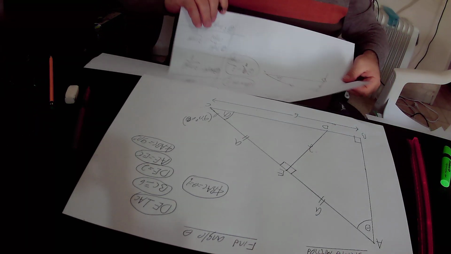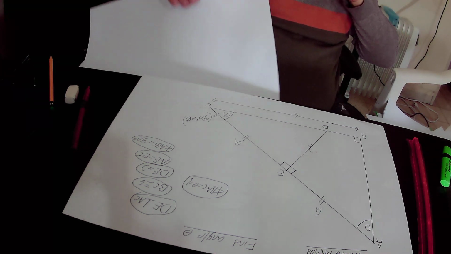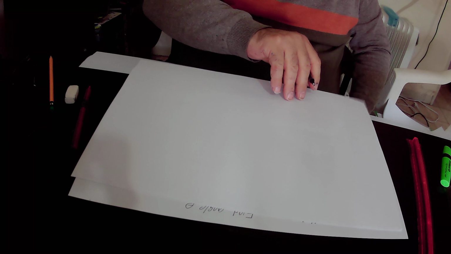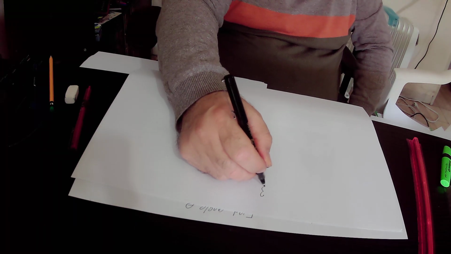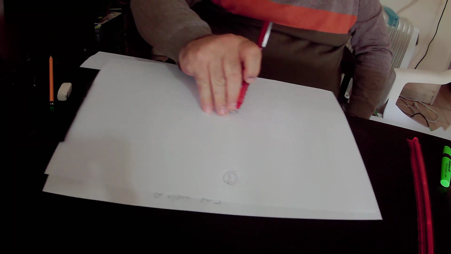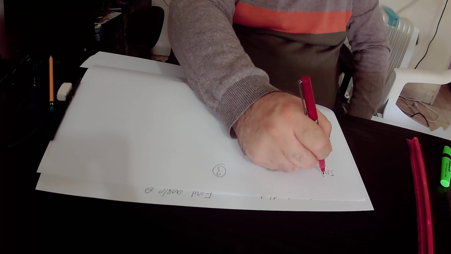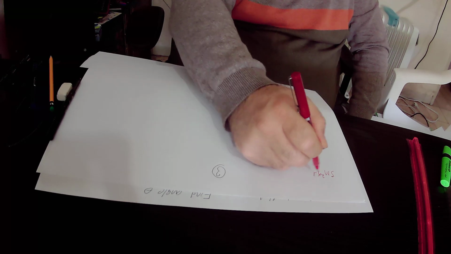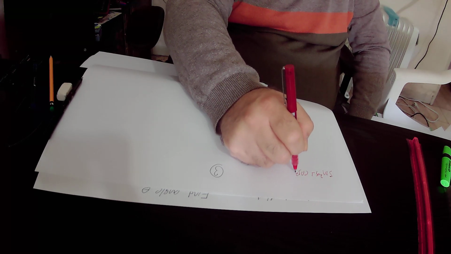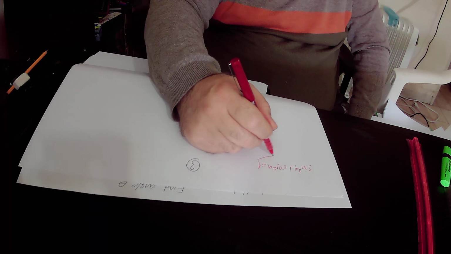We have the trigonometric identity that states that sine square alpha plus cosine square alpha equals 1.